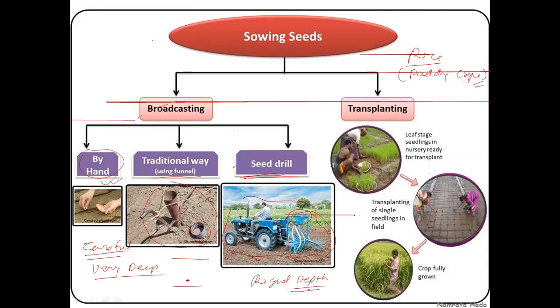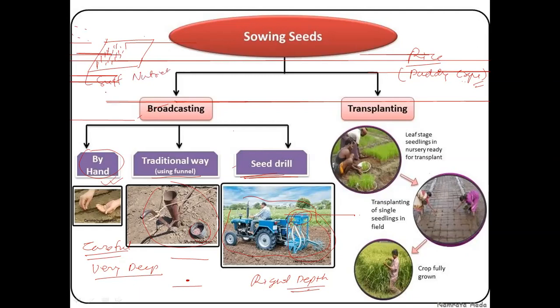Let's say we have a piece of land over here. In this, rice crops are planted first, and they are taken great care of. They are supplied with a sufficient amount of nutrients, water, sunlight, and air.